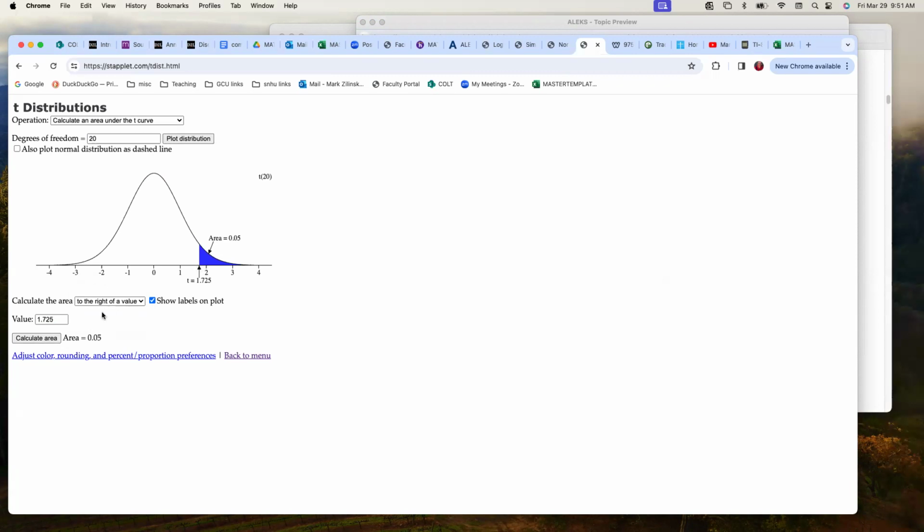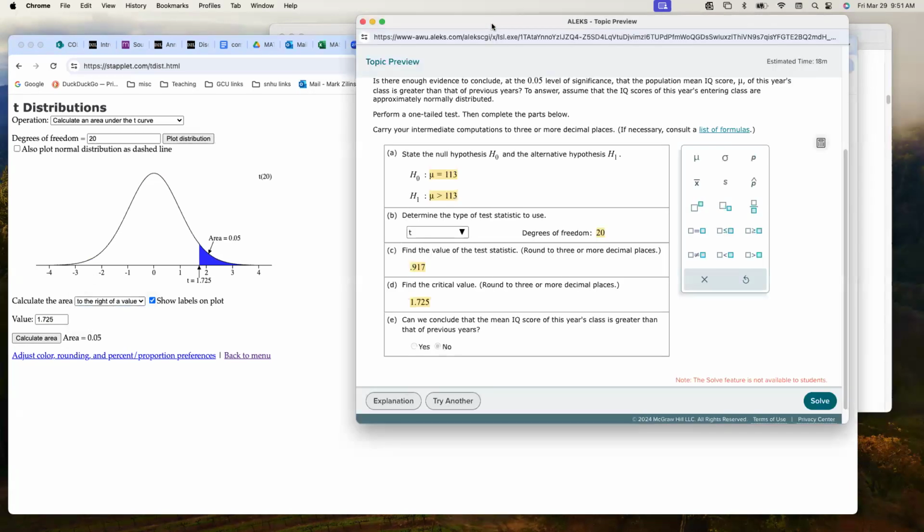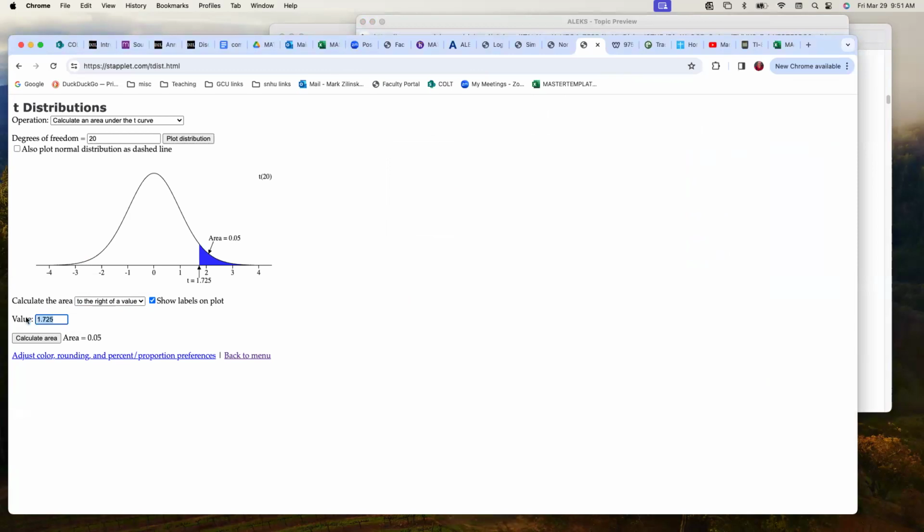So if I went back and did the test statistic, you have to pretend that if that was my t statistic, that's the critical value here, my p-value would be 0.05. But it wasn't, it was 0.917. So if I change this now to 0.917, I can tell you my t statistic is going to be right about here. So that area to the right of this is going to be much bigger than 0.05, which it is, it's 0.18.